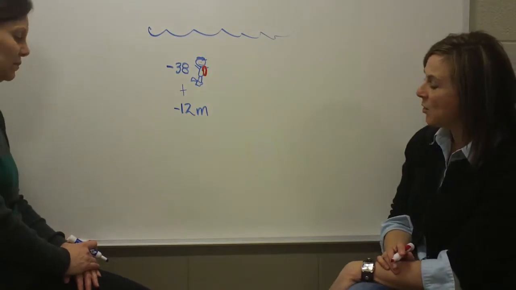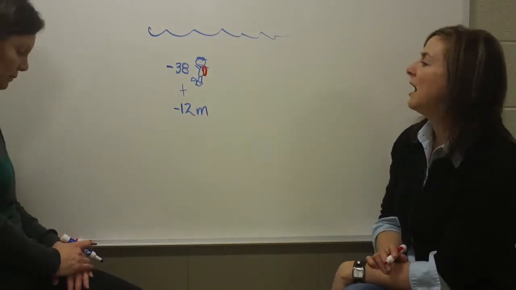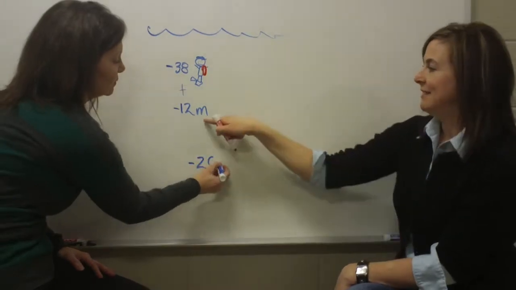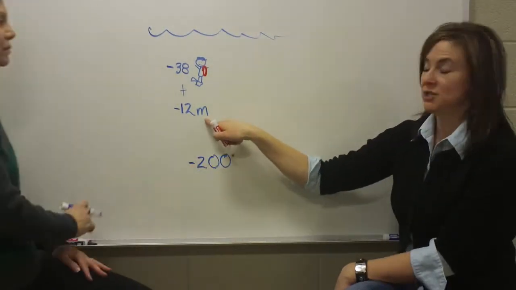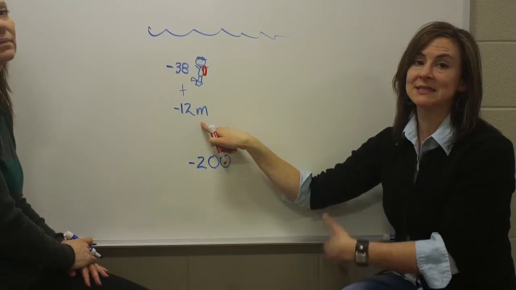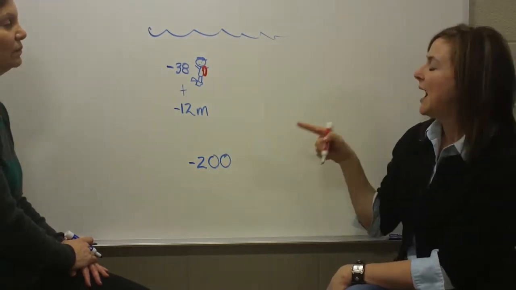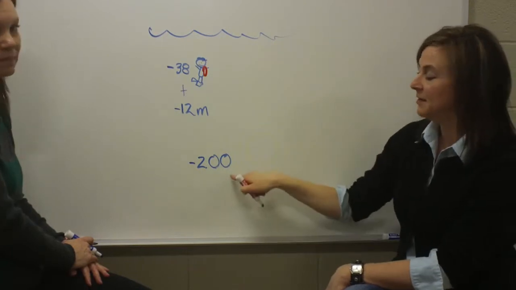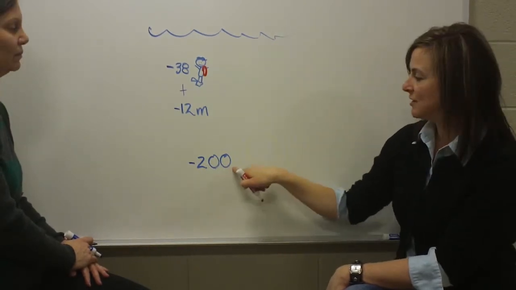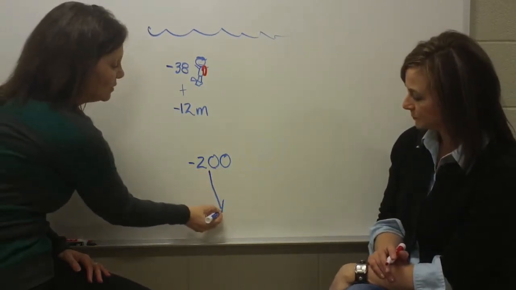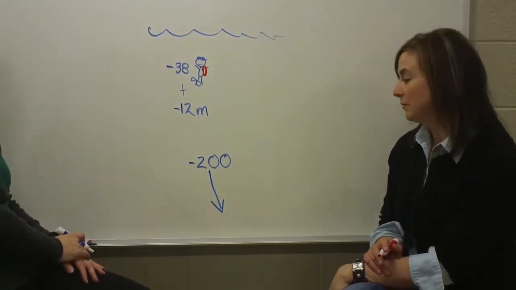All right, now they are asking us how long. So in this particular situation, the m represents the time, minutes. And we want to know how long it's going to take this scuba diver to reach this depth, this elevation, or deeper than that.